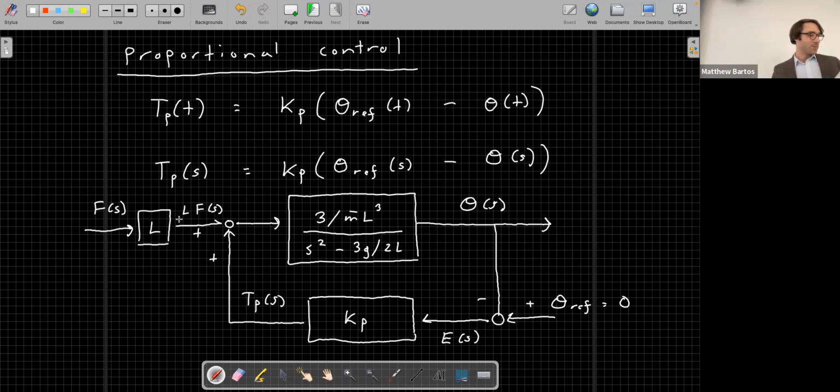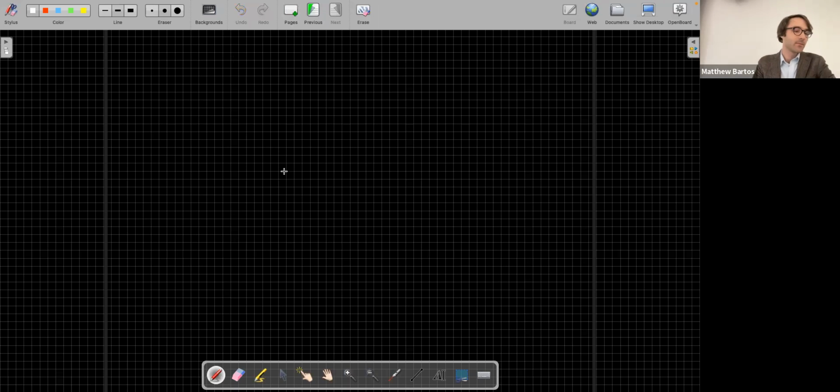So let's see what happens when we do that in terms of the mathematics. We're going to look at the mathematics first, and then we're going to go and simulate it. Let's see what happens to our closed loop transfer function when we apply this feedback. We need an expression for theta of s, our output.